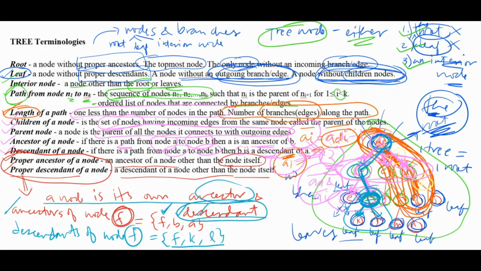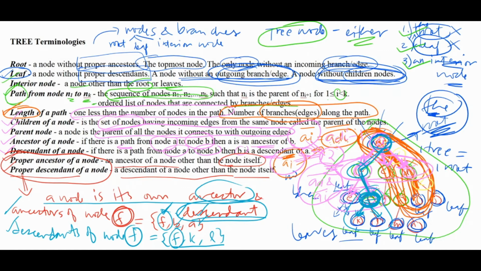Like this one, for the ancestors of node F, F is included as its own ancestor, and then going up to the root, you have B and A. For the descendants of node F, from itself as its own descendant, you go down to all the leaves.